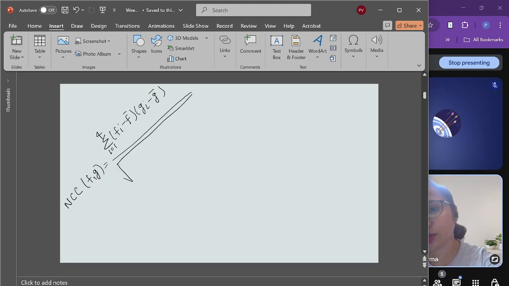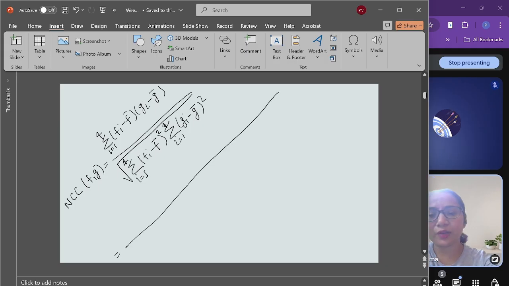Similarly, in the denominator, i equal to 1 to 4, fi minus f dash whole square, gi minus g dash whole square. So let's put all the values.